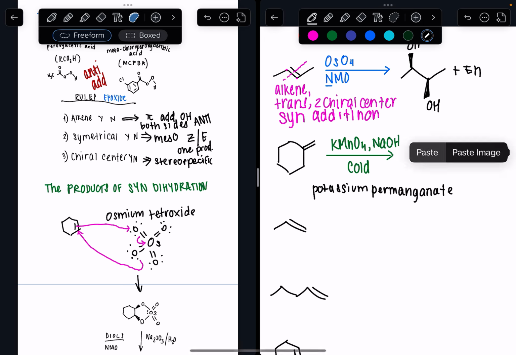Okay, and you'll end up with one product. Doesn't matter. Remember, it's adding the same way whether or not you use basic or acidic conditions. So stereochemistry is not relevant.